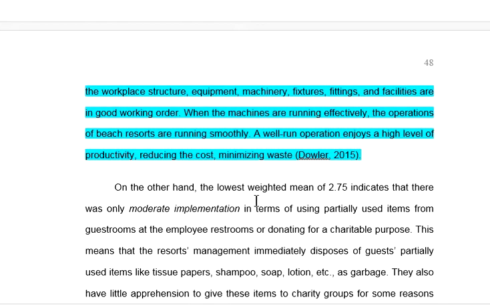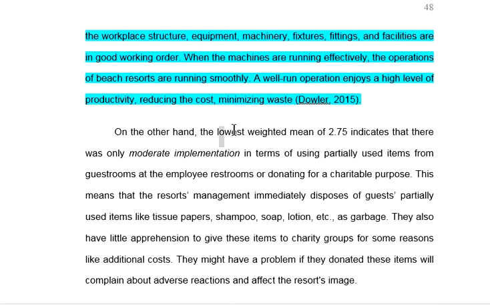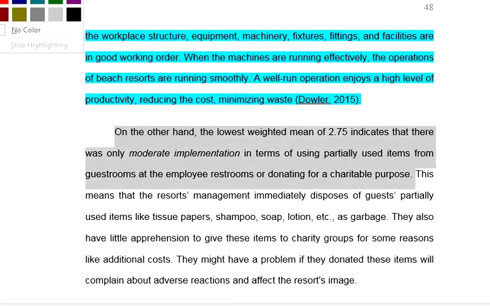After that, you will discuss the lowest weighted mean. So same pattern, start from the highest to the lowest.